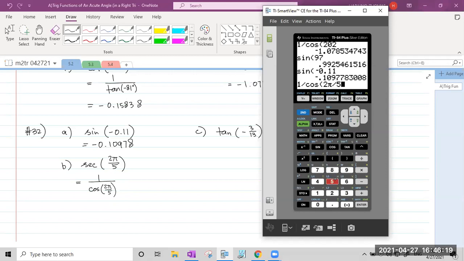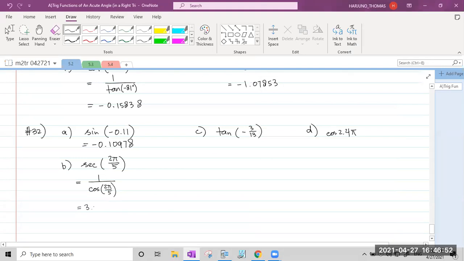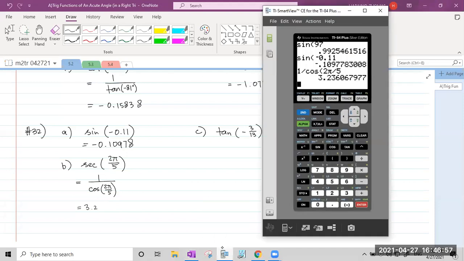Do not use 3.14 in place of pi, because 3.14 is a very much rounded number for pi. Pi is an irrational number, 3.141 and a very long number. You don't want to do rounding, so keep that pi there. You press 2 pi over 5 into your calculator. Okay, 3.23607.